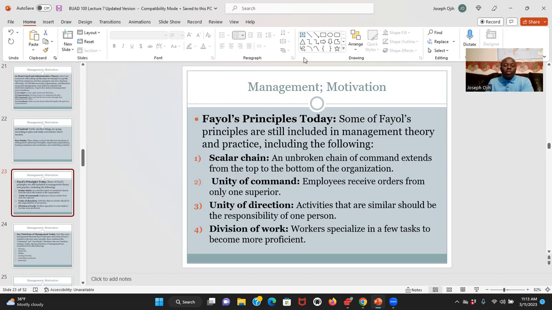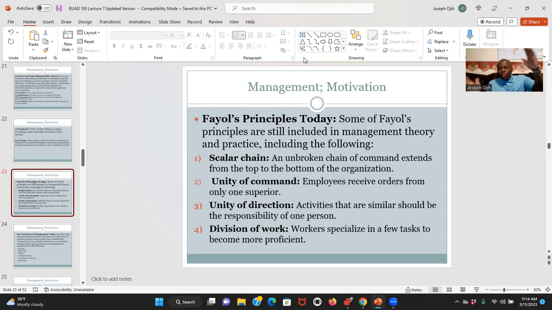Then another one is the unity of direction, which means that activities that are similar should be given to the employees as a certain job. If you look at the advertisement for a certain job, for example, you see that they have the tasks that are to be accomplished by the person who is assigned to this job.